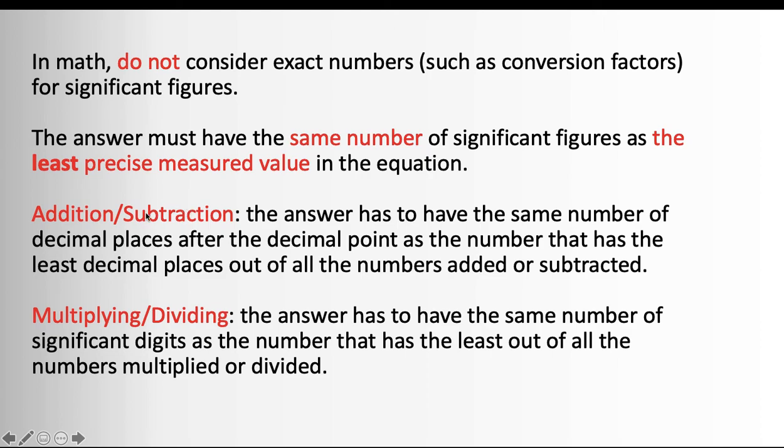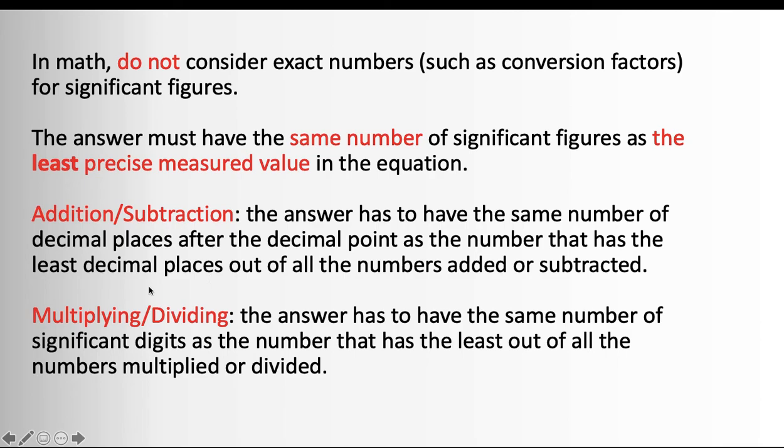When we add or subtract, my answer has to have the same number of digits after my decimal place as the number that has the least digits out of all the numbers that I add or subtract. This is the rule for addition and subtraction. So if I'm adding or subtracting two numbers, my answer cannot have any more digits after my decimal place as the one number that I'm adding or subtracting that has the least amount.